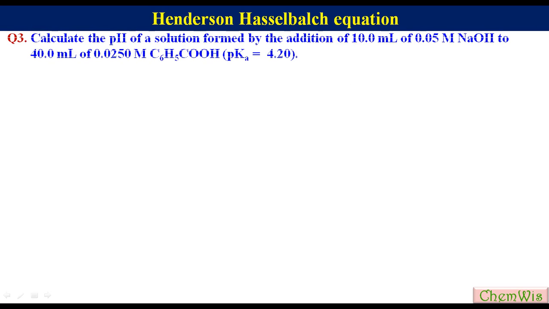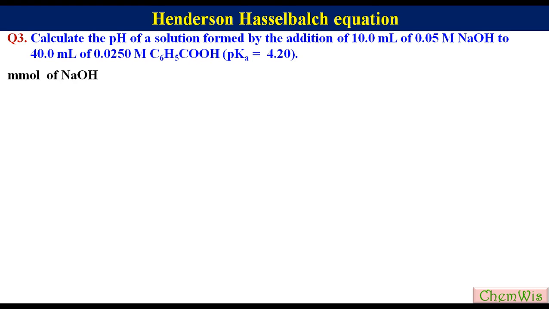Question number 3. Calculate the pH of a solution formed by addition of 10 ml of 0.05 molar NaOH to 40 ml of 0.0250 molar benzoic acid. pKa for benzoic acid is 4.20.